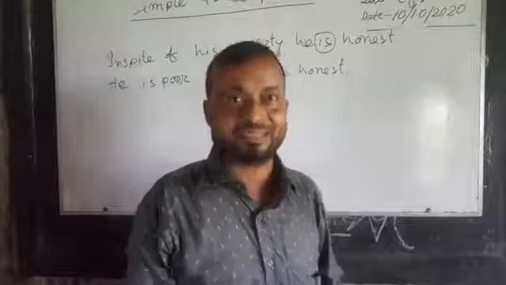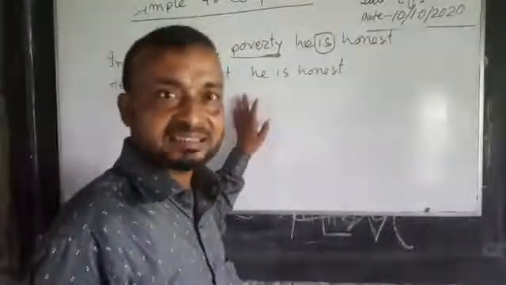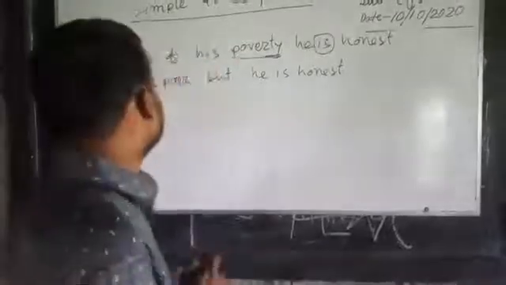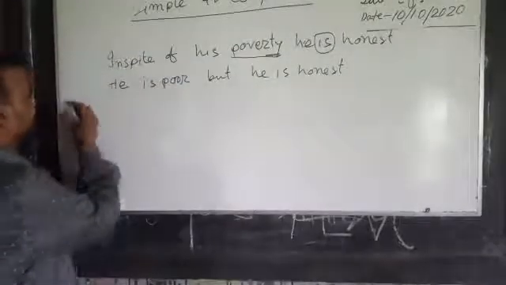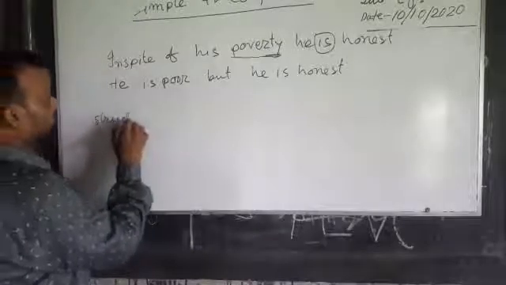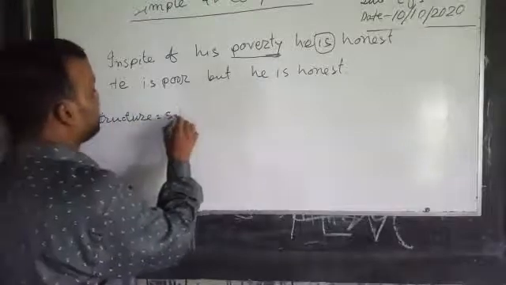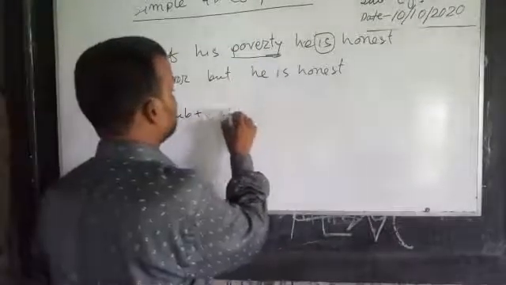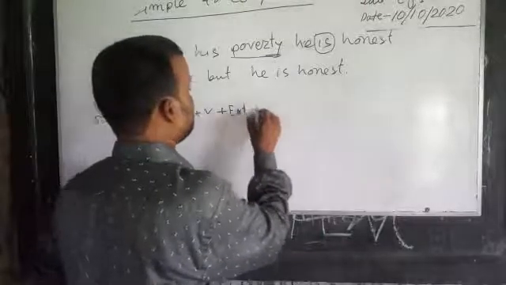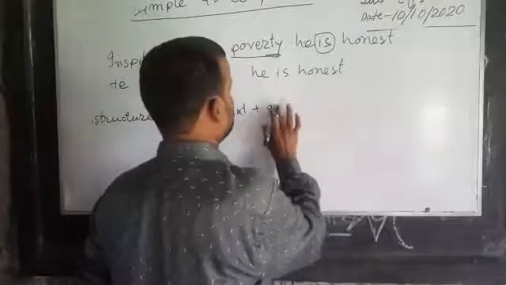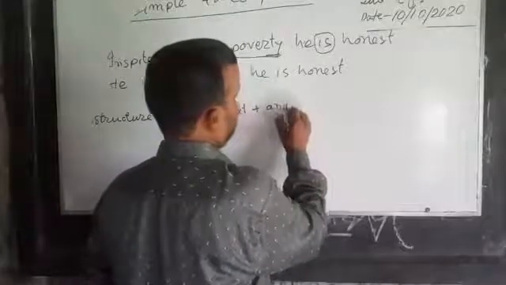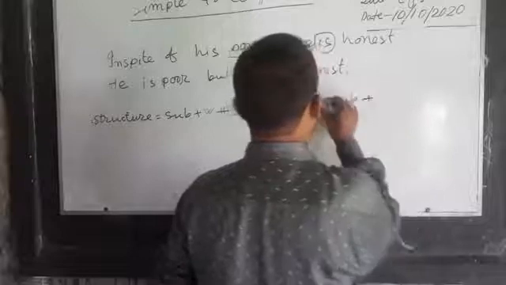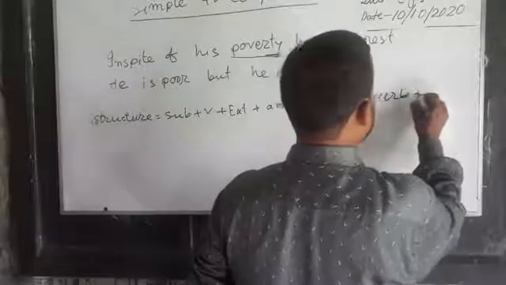You are absolutely correct, but we have not seen this kind of sentence anywhere, because I am saying that when we change the sentences, the structure will be: at first subject, then verb, then extension, then and or but, then again subject, then again verb, then extension.